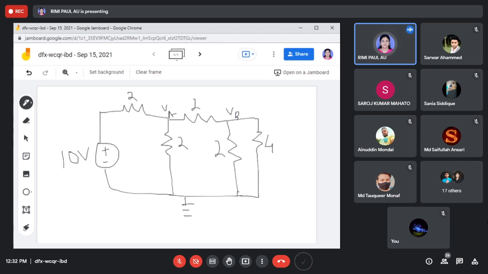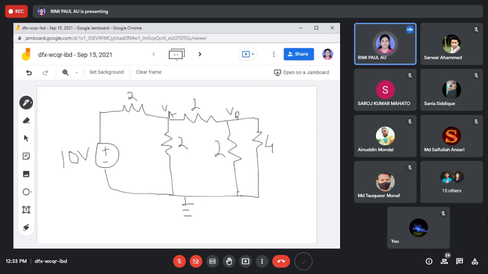Some cases you can see that if we just apply KCL, that means addition of all node current is equal to 0. It will take 1 minute or 2 minute solution. That cases you can just convert a voltage source into a current source, and you can solve it easily. Here the problem was that one current source is present, one resistance is present.